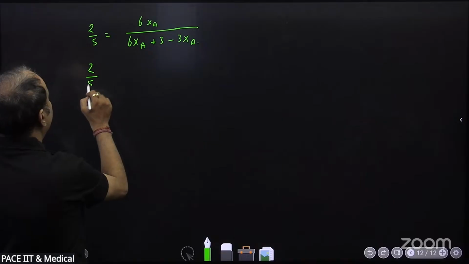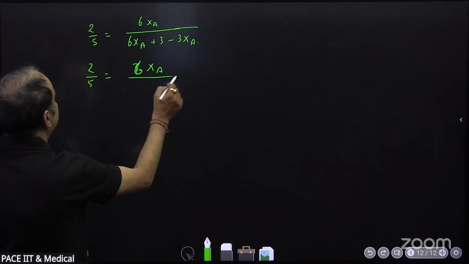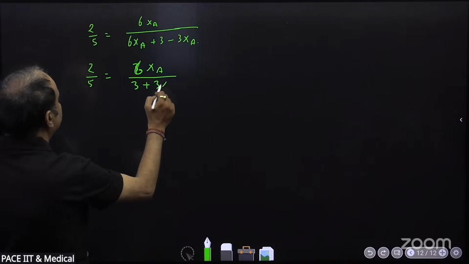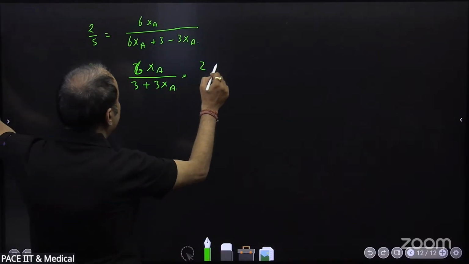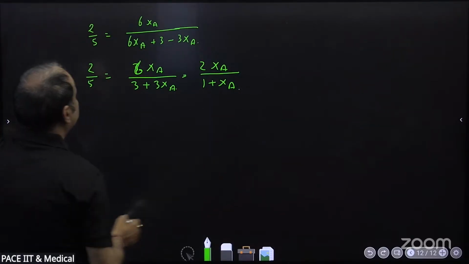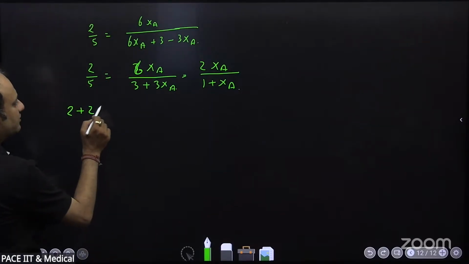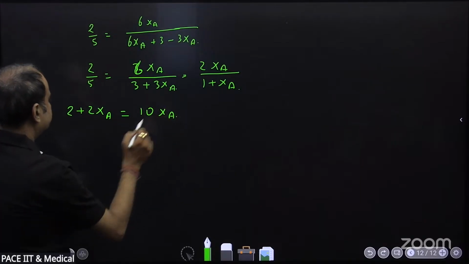So 2 by 5 is 6XA upon 3 plus 3XA. Divide by 3 and you get 2XA upon 1 plus XA. So 2 plus 2XA is 10XA.